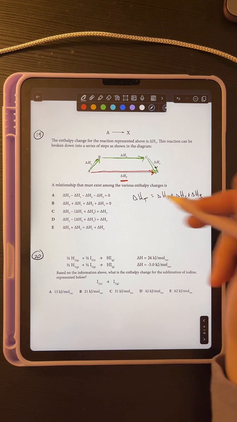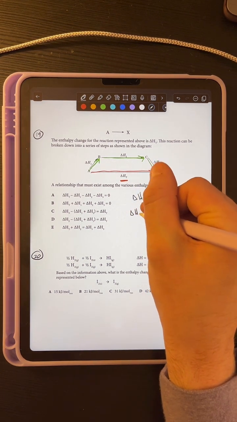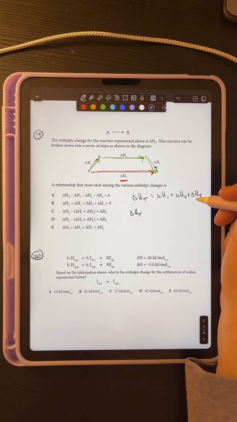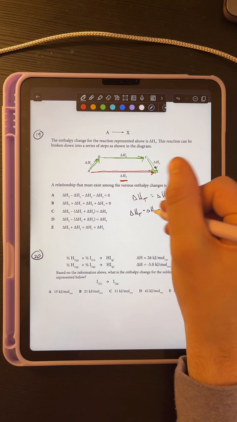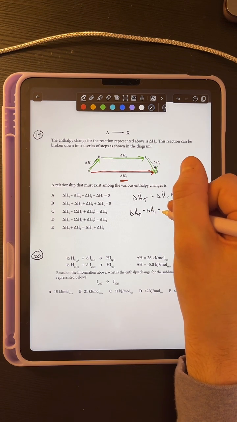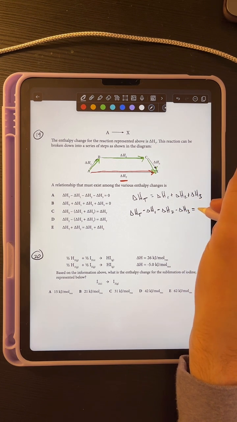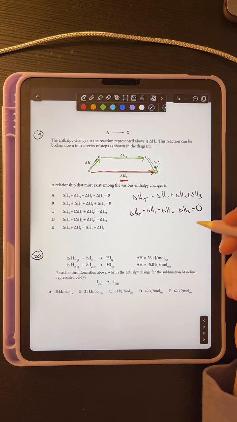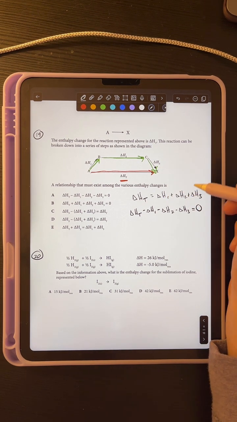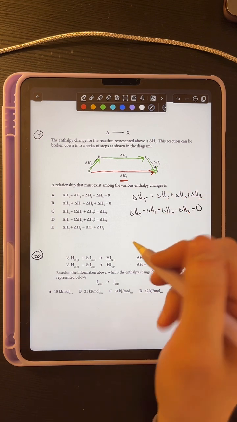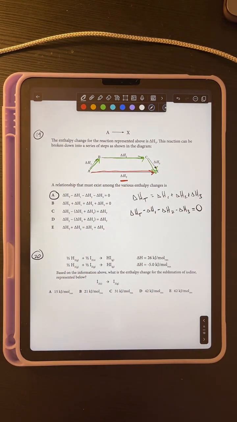But I do see something similar if we do some math to this. If we subtract delta H1, delta H2, and delta H3 from both sides, we get delta HT minus delta H1 minus delta H2 minus delta H3 equals 0. And that is true. All we did is subtract our delta H's, 1, 2, and 3, from both sides, and that gives us choice A as our answer.